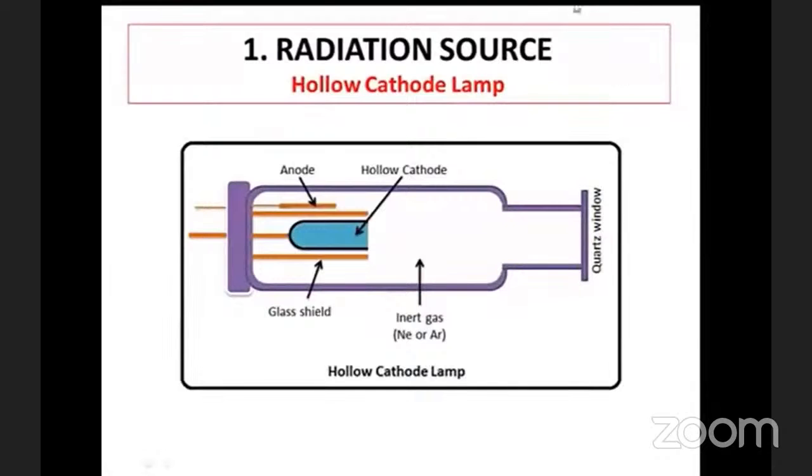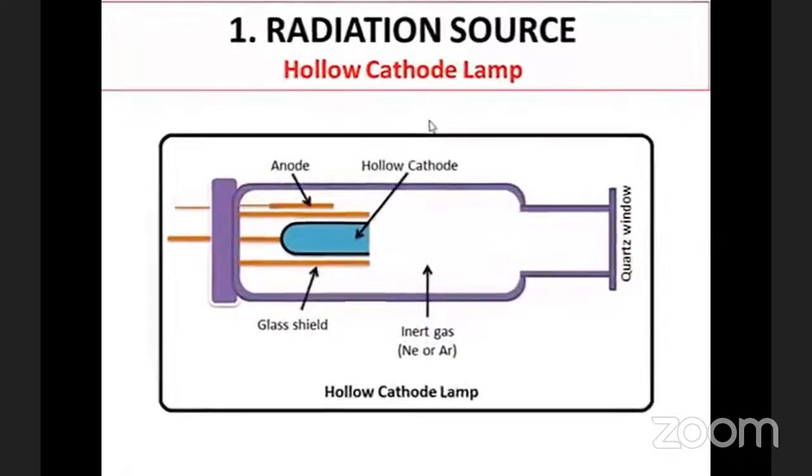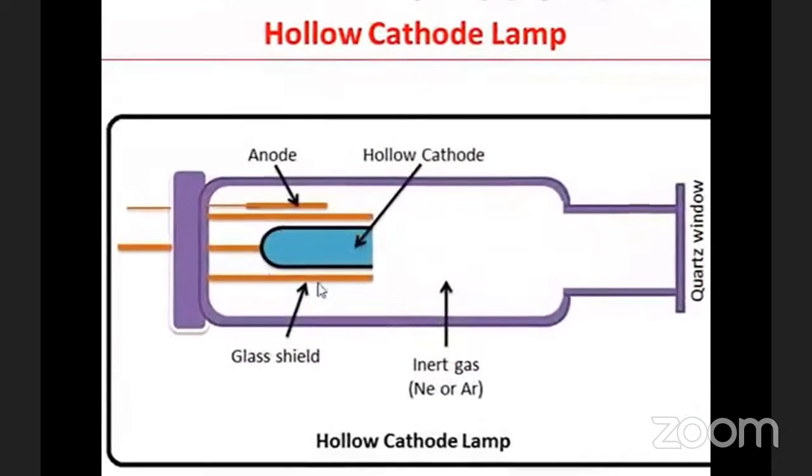So the first component is the radiation source. In atomic absorption spectroscopy, a hollow cathode lamp is used as a source of radiation. It consists of a hollow cathode cup made up of the element which is under study. For example, if copper is to be detected in the sample, the lamp will have a hollow copper cup as a cathode.